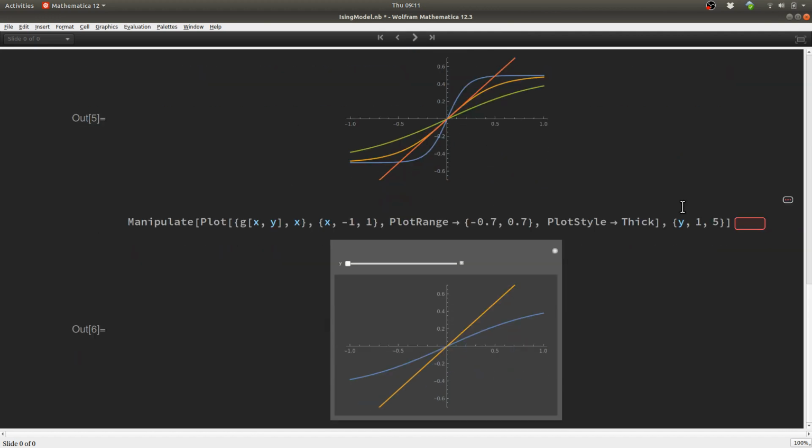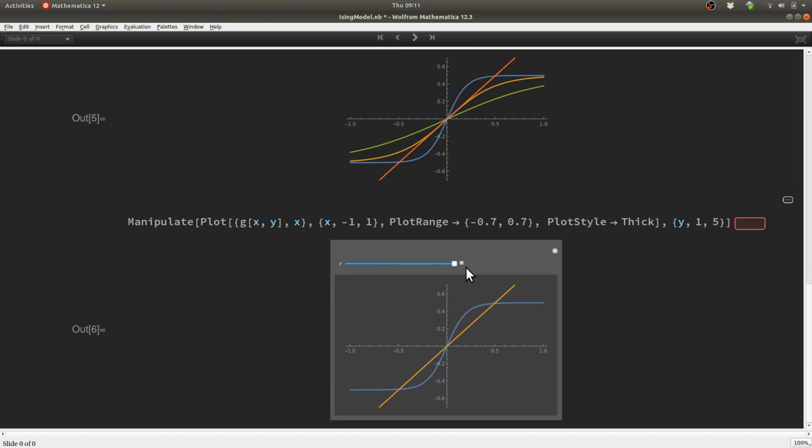Okay, so we can go here and you can see there's a slider. The slider goes from 1 to 5, so we can see how this goes. As I move it to the right, you can see the blue curve, which is the tanh function. We are now close to 2, and we cross it.